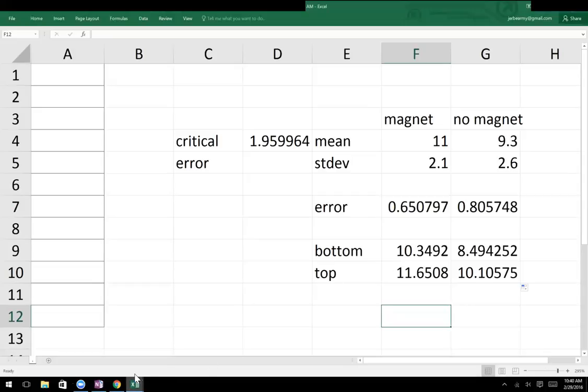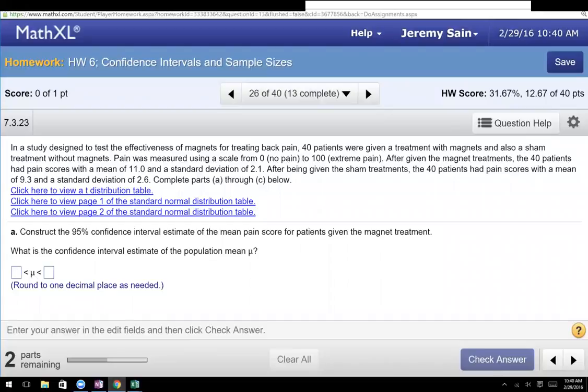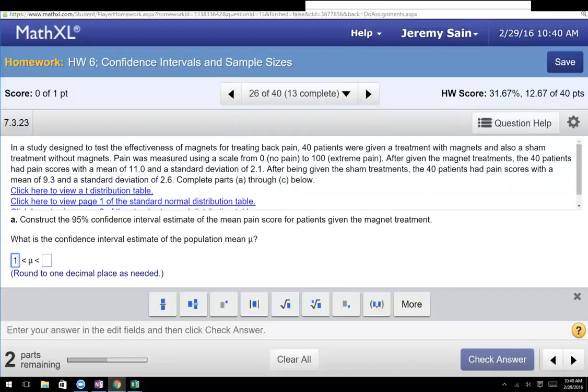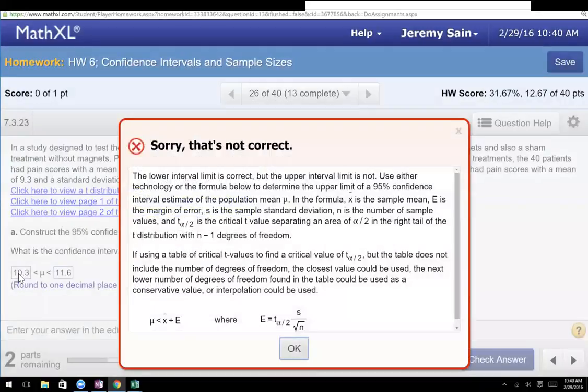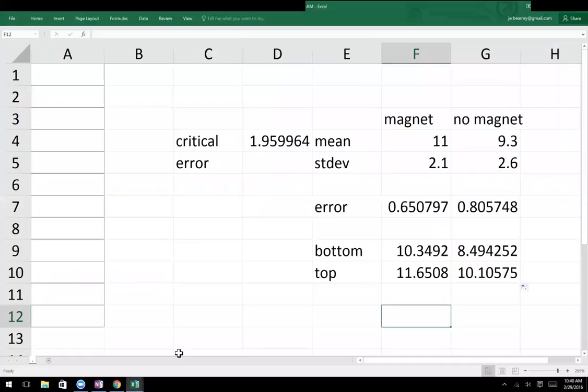So there's no way that this is good. So it was 10.3 to 11.6, I think. Oops. No, okay, let me go back. 10.3 to 11.7.